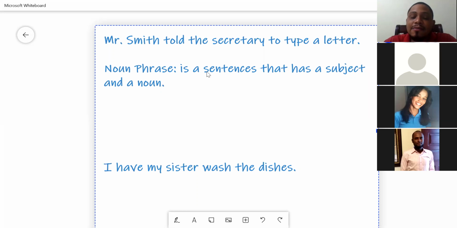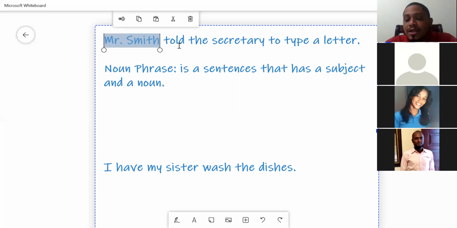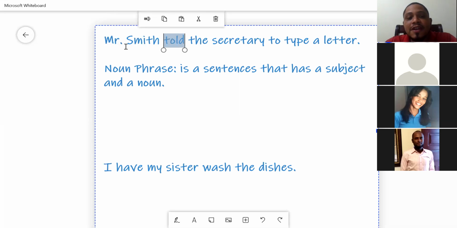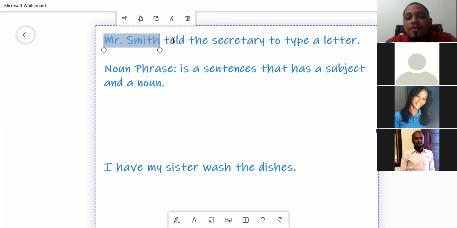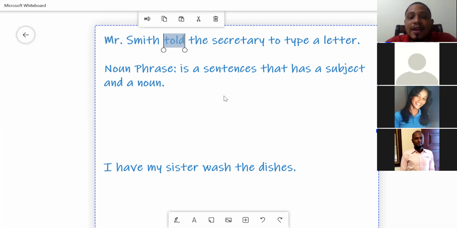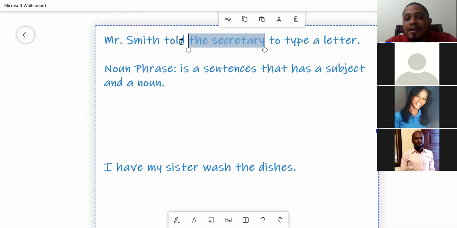The first name, in this case Mr. Smith, is the subject. And you know it is the subject because this name is before the verb, okay? So the name that is before the verb normally is the subject. Then the name that is after the verb is the noun, okay?